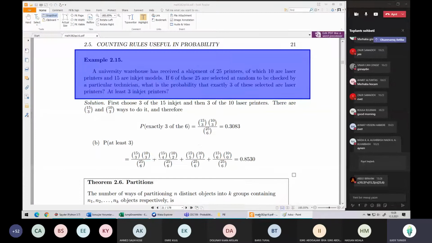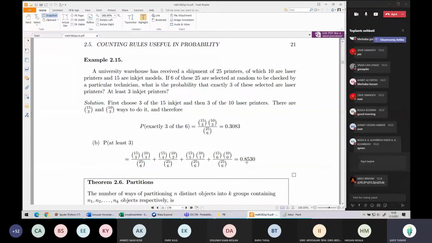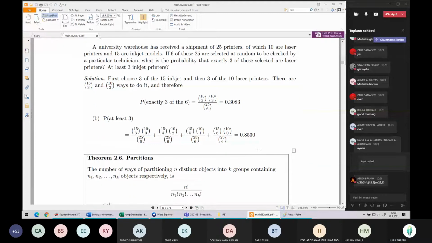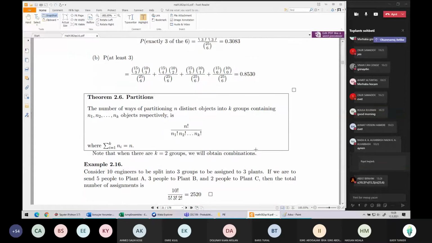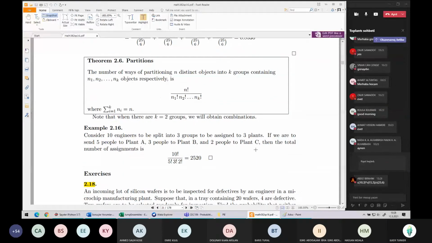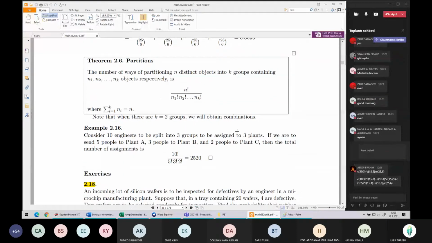Yes, the solution may take some time, but it is given in your book as you see. Any problem about this? Did you understand? Yes, Abdu. Thanks for your solution.